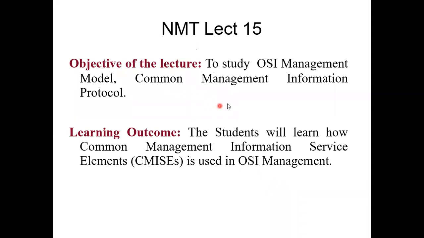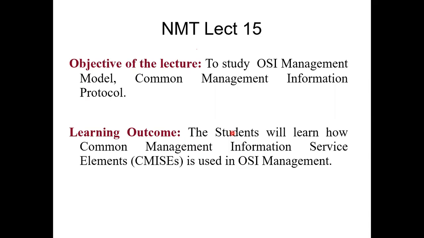When I am using the CMIP protocol to communicate between the agent and the manager, some services I need to perform. What are those services? Till now we were discussing, and I was always stressing the point that whatever data we are sending, remember it is all management related data.